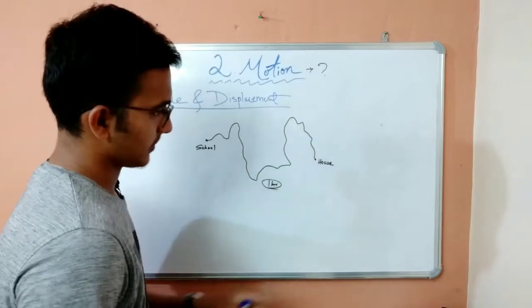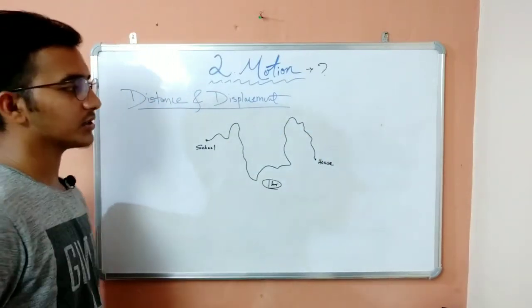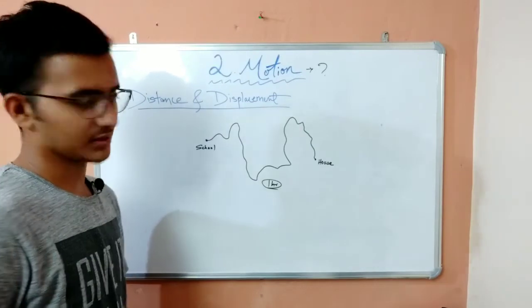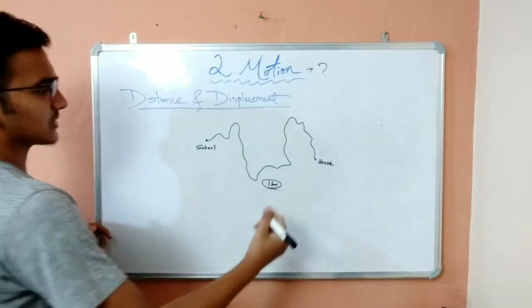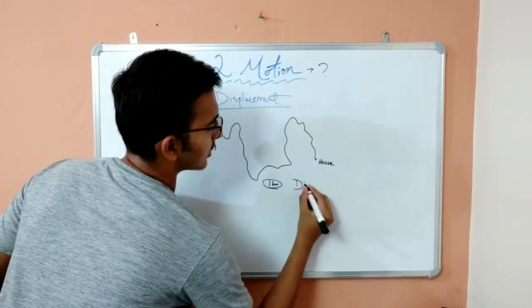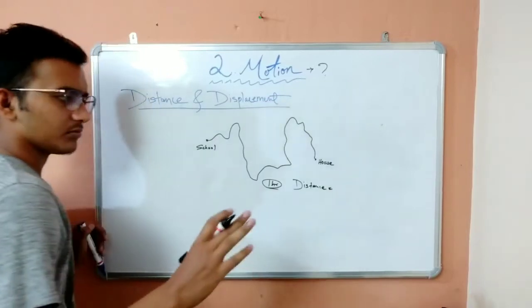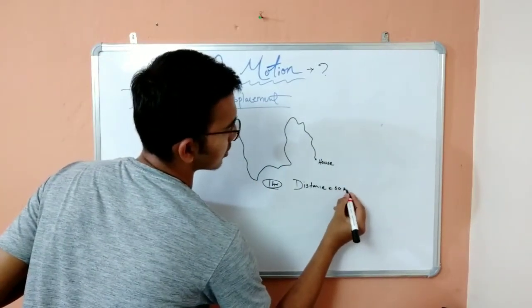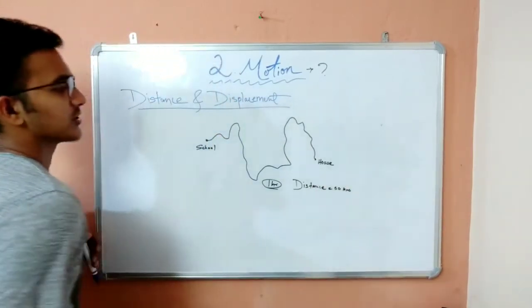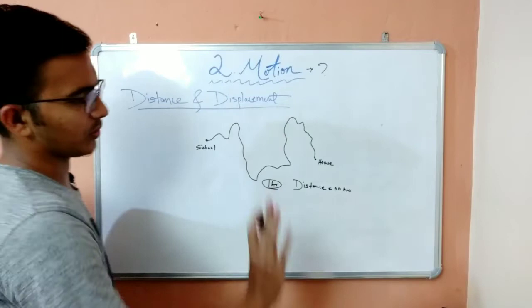This curvy path that you see over here is the total distance you travel from school to home. Suppose that distance is, for example, 50 kilometers. There is some traffic on the highways and all, and it takes 1 hour to reach your house.